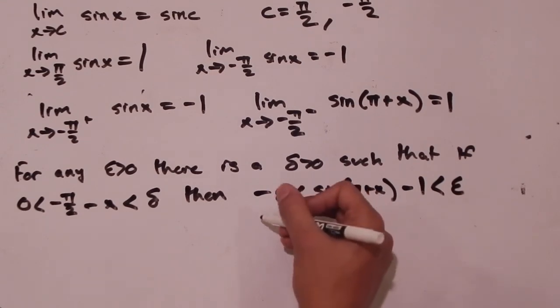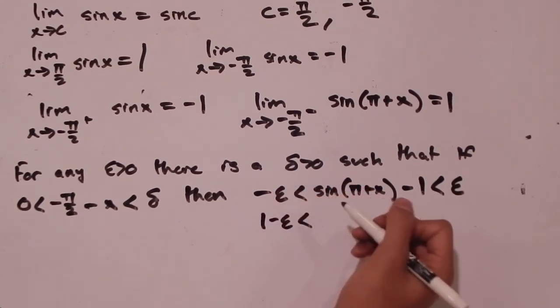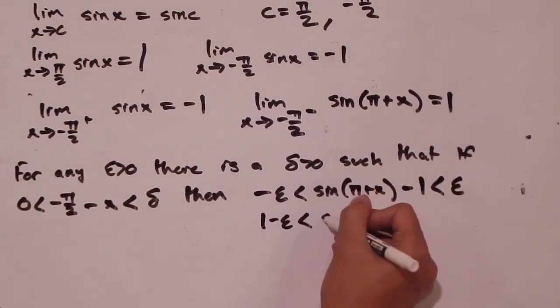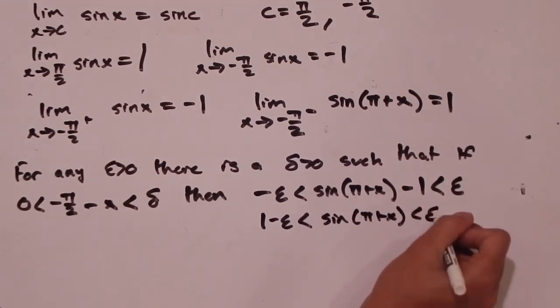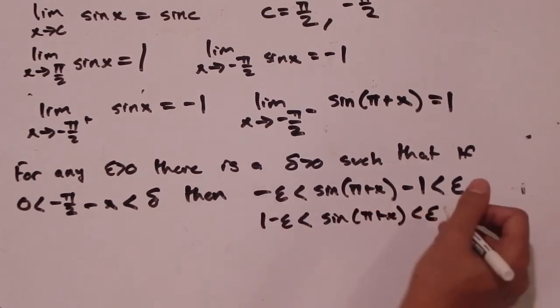And let's do the math we've been doing again. We get 1 minus epsilon is less than sine of pi plus x, which is going to be less than epsilon plus 1.